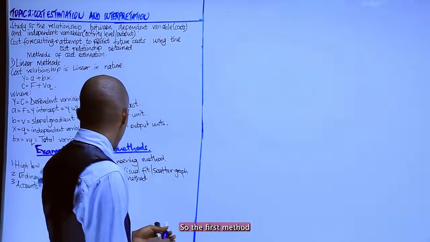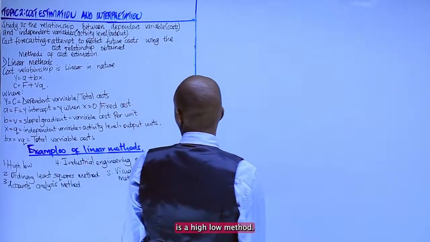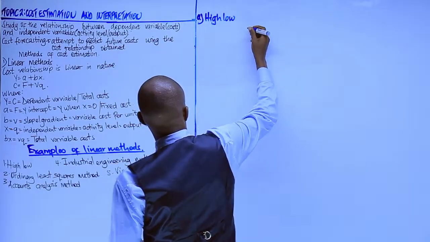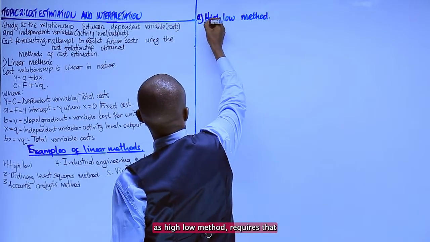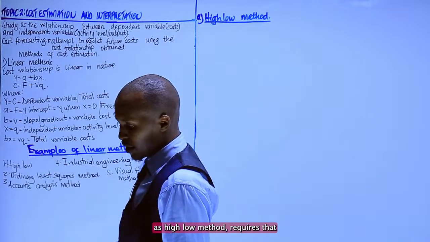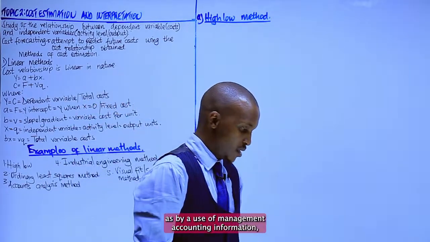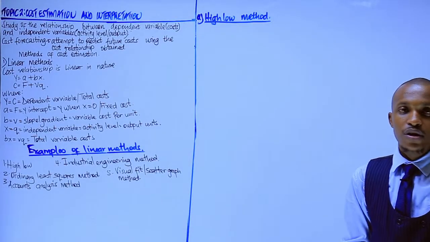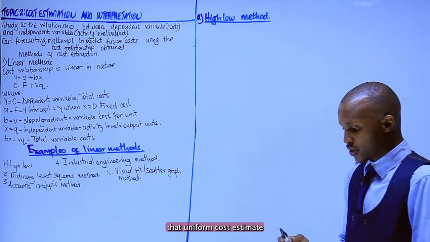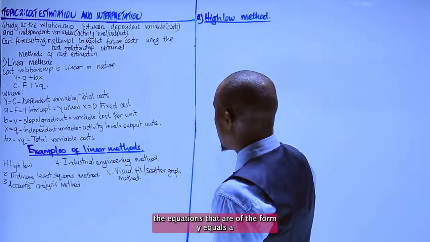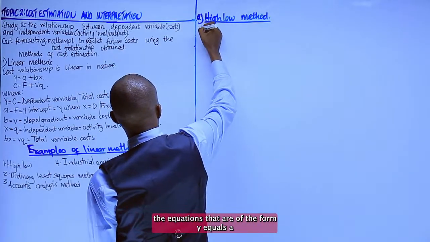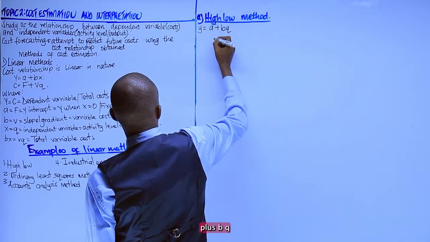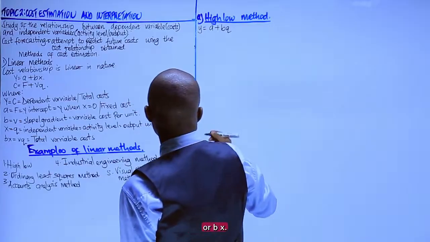So the first method is the high-low method of cost estimation. This method requires that, as a user of management accounting information, you form cost estimator equations of the form y is equals a plus bq, or bx if you so wish.